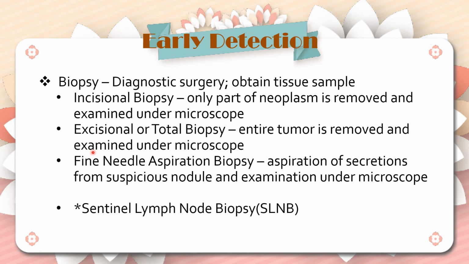And we have excisional or total biopsy, wherein the entire tumor is removed and examined under a microscope. And we also have the fine needle aspiration biopsy, or FNAB. This is done through aspiration of secretions from a suspicious nodule and examination under a microscope. And we also have sentinel lymph node biopsy, or SLNB.